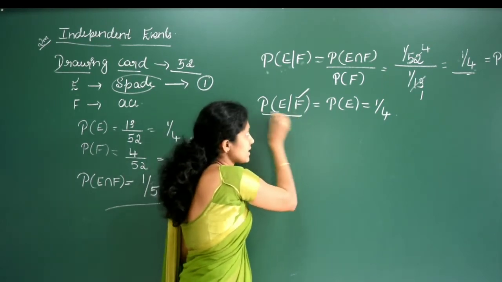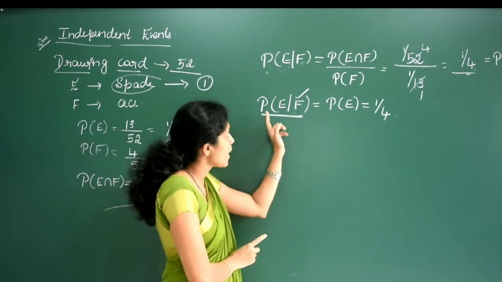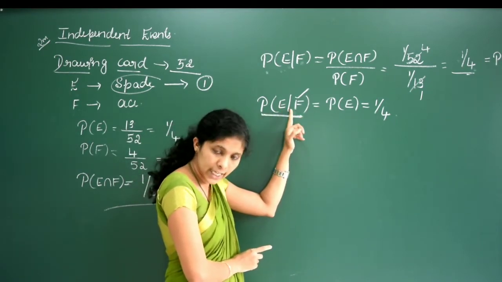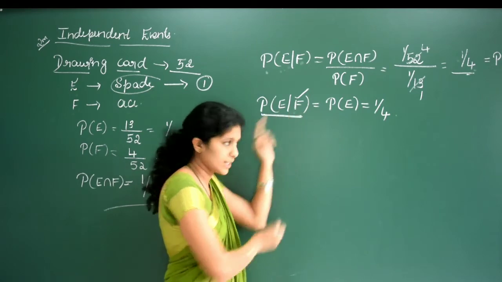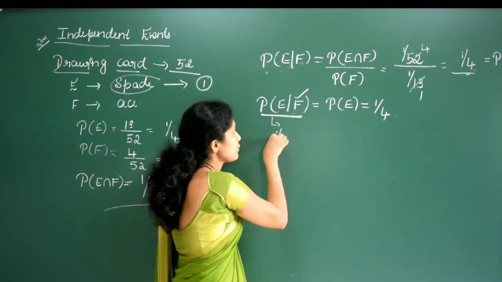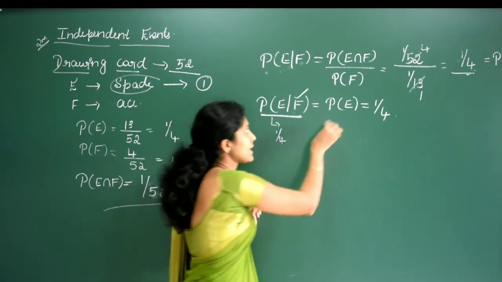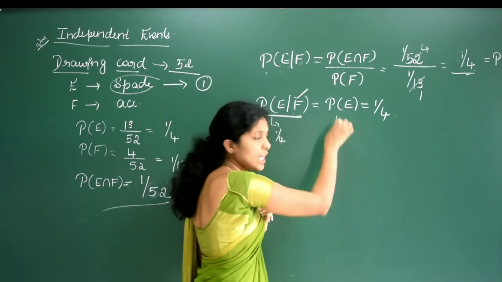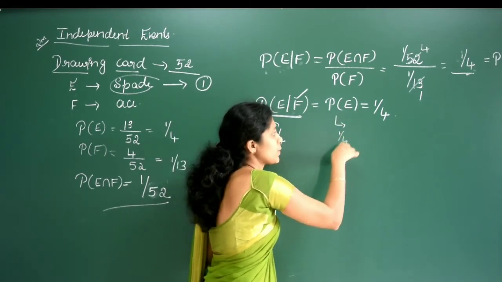Listen carefully. This is nothing but the probability of E when F has already occurred. We got this as 1 by 4. And if you directly find the probability of E, this is also equal to 1 by 4.